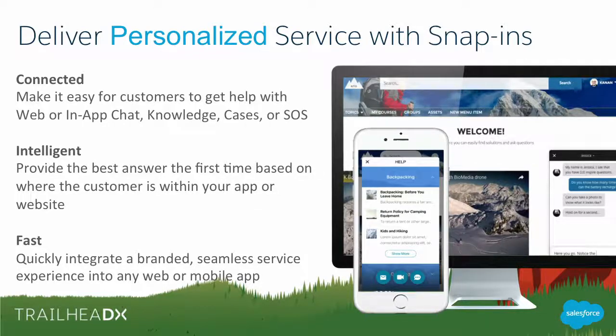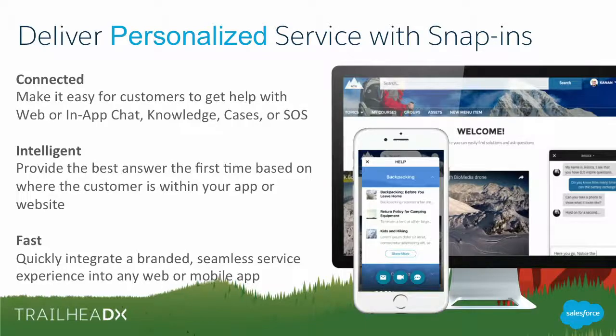It's intelligent: because we're embedded on your web page, we know the page URL, and we know if you're logged in. We can use a lot of this context and provide relevant knowledge articles and proactive chats. We can help the customer stay in that domain and finish whatever they wanted before they call customer support.